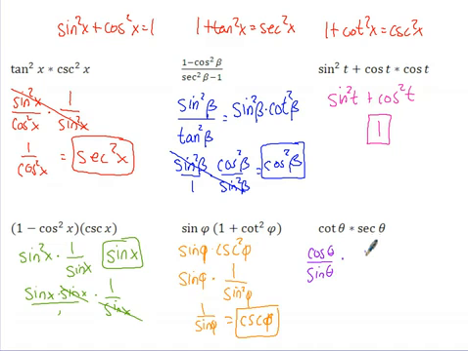And secant is 1 over cosine theta. Right. These cosines will reduce to 1, and we'll be left with 1 over sine theta. Alright, now, keep in mind this has division and there's also multiplication, so if we can reduce that, we're going to. 1 over sine is the same thing as cosecant theta.